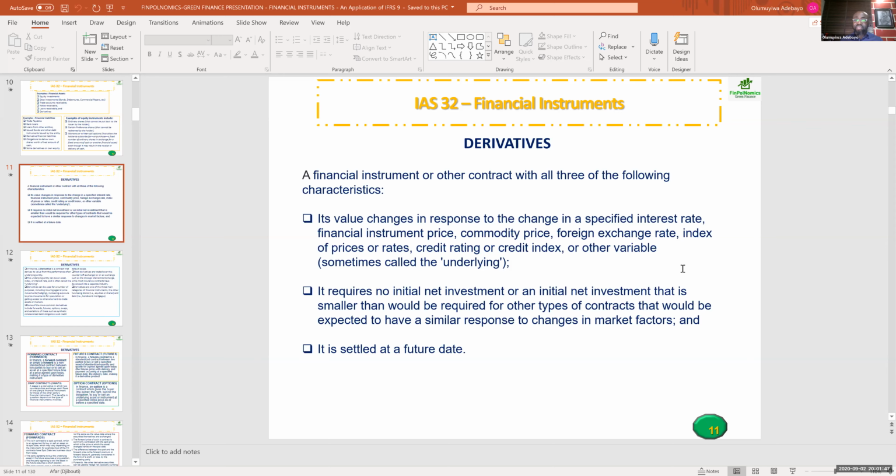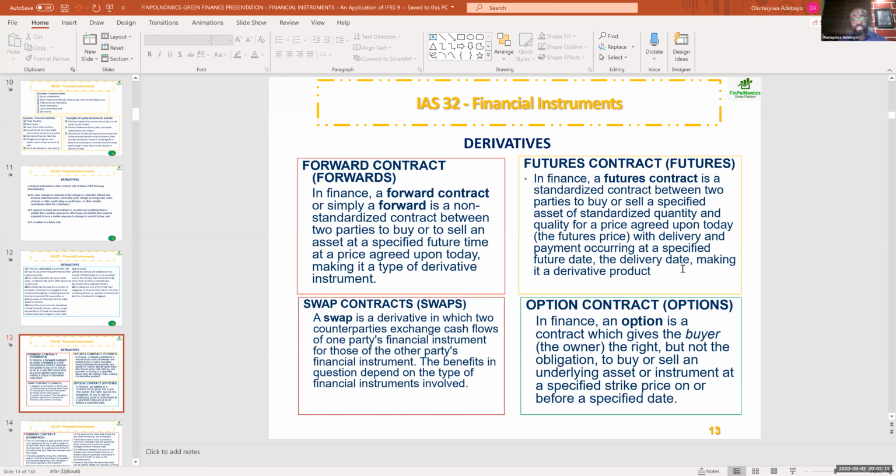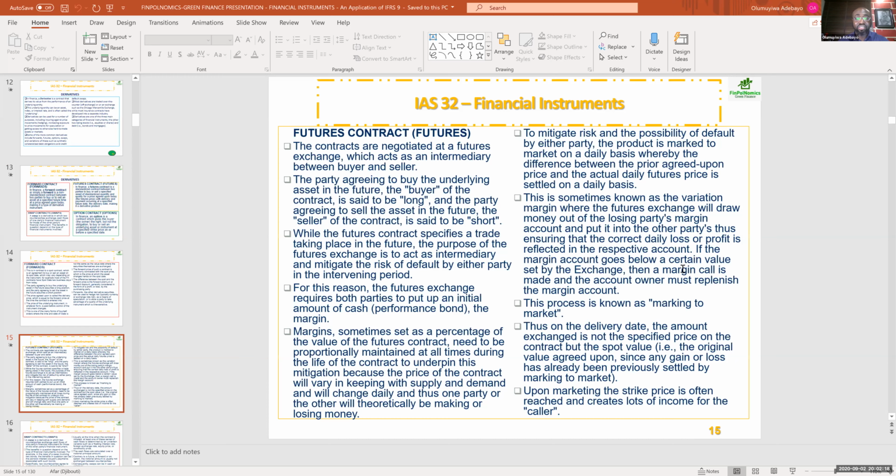The derivatives we are talking about here are restricted to financial derivatives, which means they must be net settled in cash. These are not derivatives that require physical delivery of a commodity, but rather require net settlement in cash. As we move on, we will have further discussion and understanding of it, especially when we get to valuation and fair value measurement for derivatives.